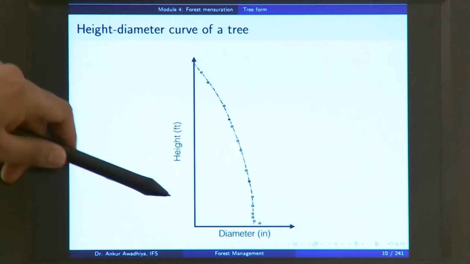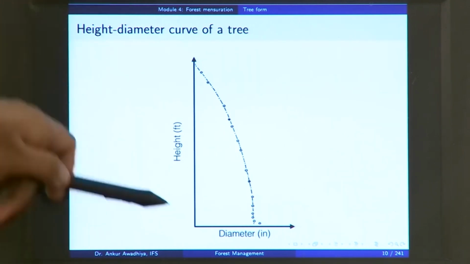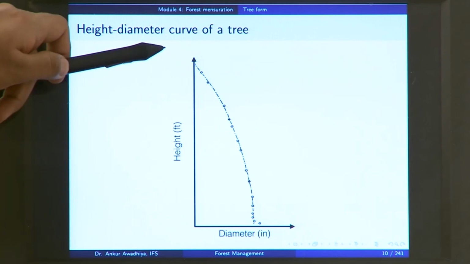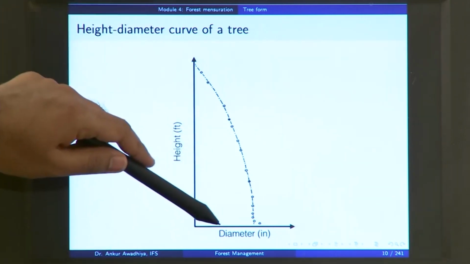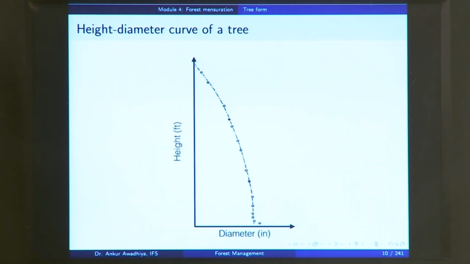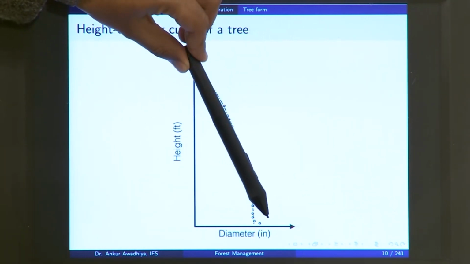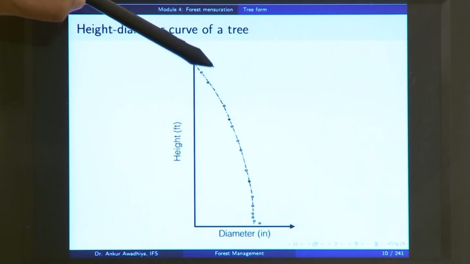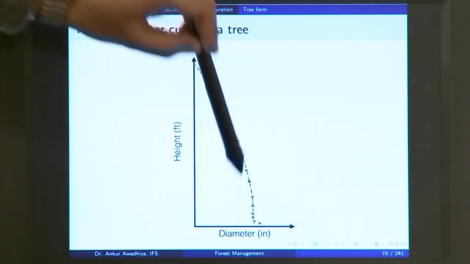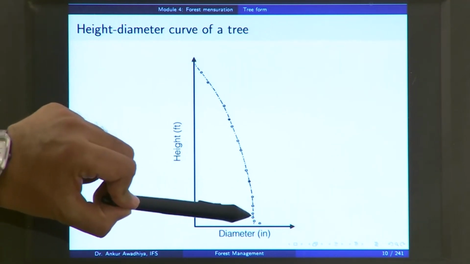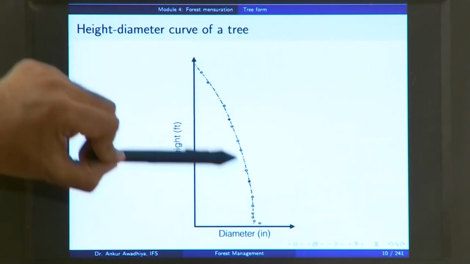As the height increases, we find that the diameter is reducing, but this height diameter curve is not a cone, because in that case it would form a straight line. It is not even elliptical, because this lower portion is showing a sigmoidal sort of shape.